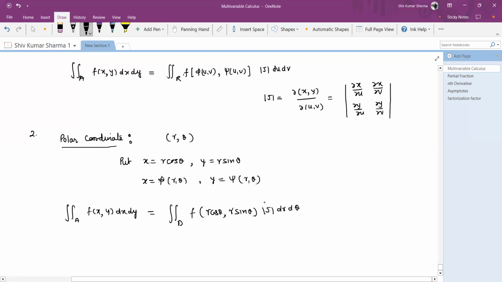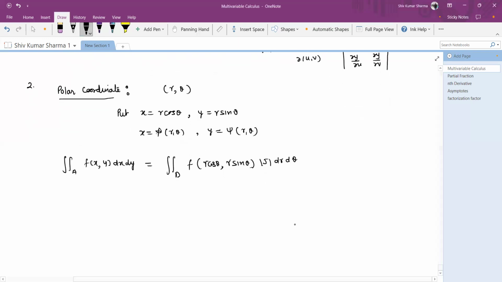So what is the Jacobian here? We again see the Jacobian: J is equal to del x y upon del r theta.